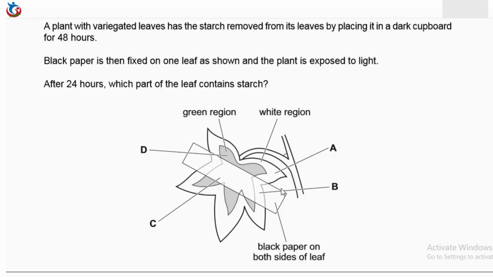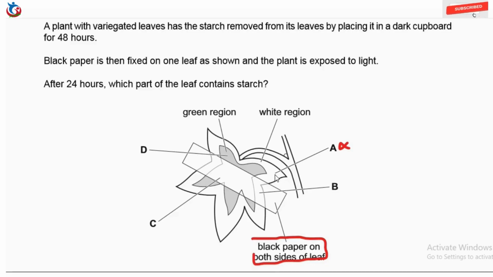The first thing you should know is that this black paper is already blocking this part of the leaf. So there will be no passage of light to the chlorophyll or the chloroplast. So only the parts exposed to sunlight will be able to produce starch. Because of that, option A is wrong because there is no chloroplast or chlorophyll.